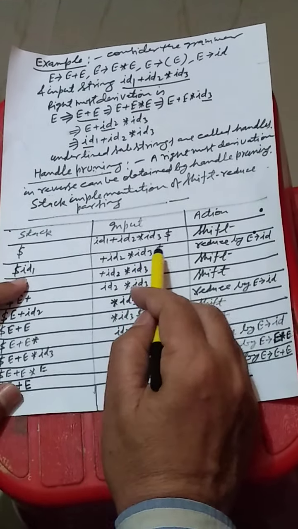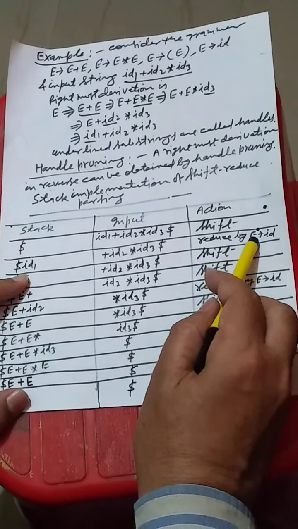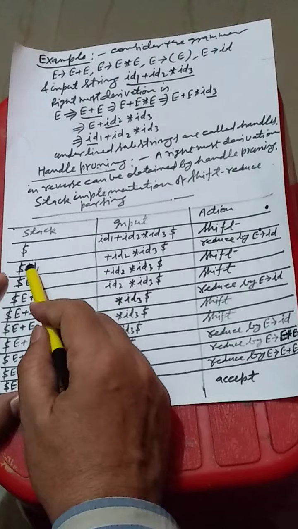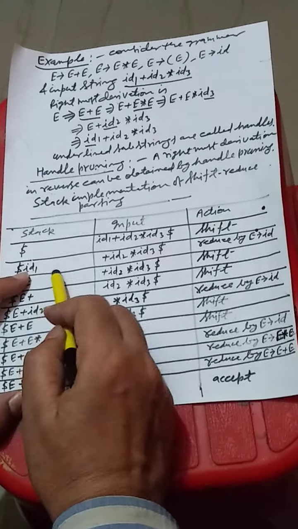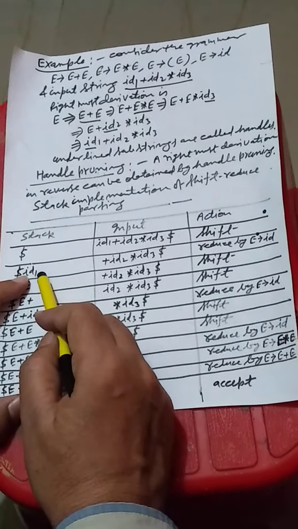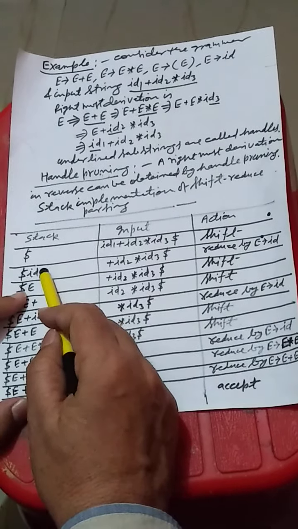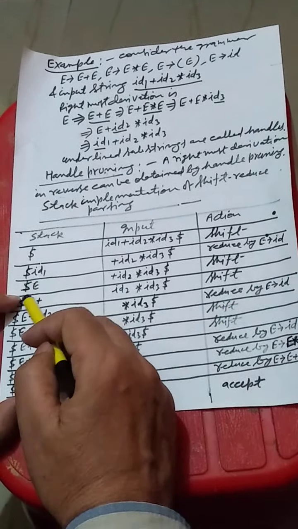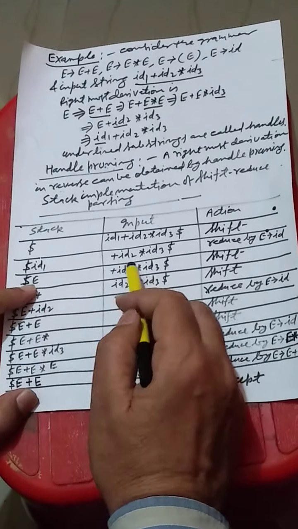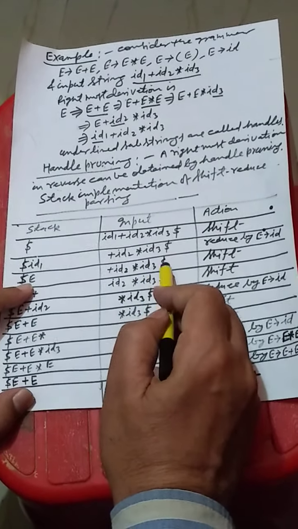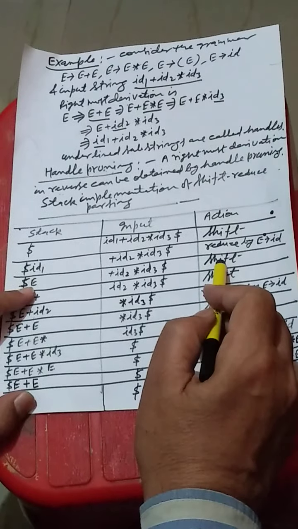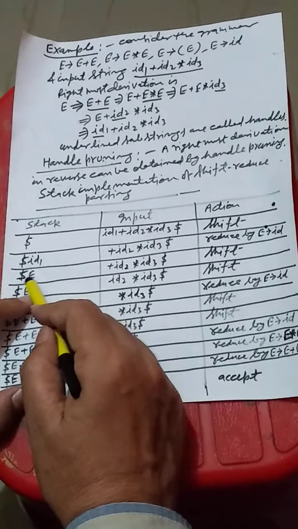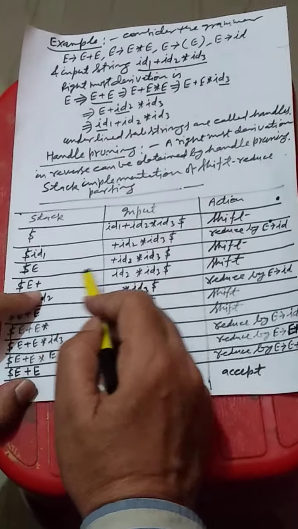And here we will reduce by E produces id. If the top of the stack is a handle, then we can reduce it by the production rule E produces id. So we will get $E, then plus id2 into id3 dollar. Then we will shift, so the plus is shifted onto the stack, $E plus.